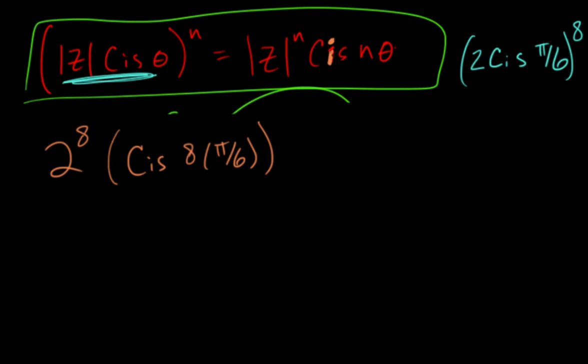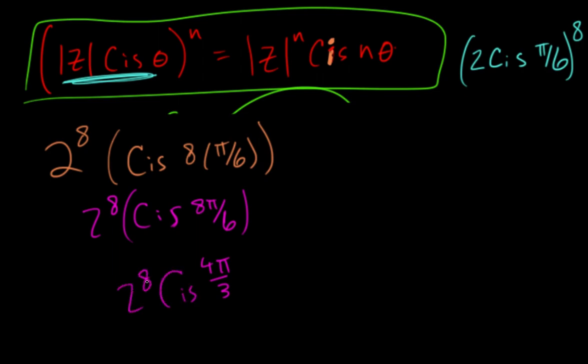Okay. Now, if we simplify the inside, that's just 8 pi/6. And then we can divide both those by 2, so 4 pi/3. Okay, and then if we expand that, we're going to get 2 to the 8 times cosine 4 pi/3 plus i sine 4 pi/3.